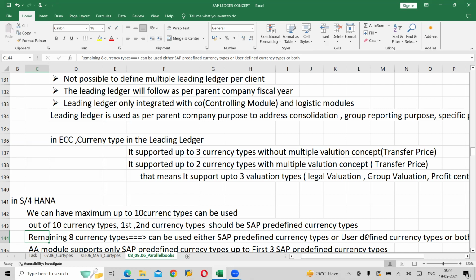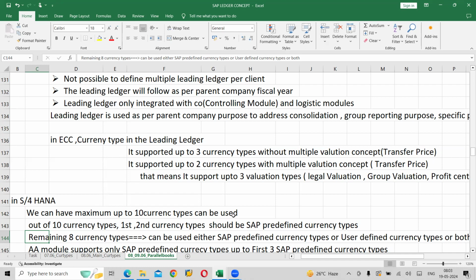Apart from your company code currency type, group currency type or any hard currency type, if the user wants extra currency types, SAP supports it. The user can create their own currency type, or use SAP predefined. Till now we haven't seen any project with 10 different currency types. Maximum we use 3 currency types only. Clear?